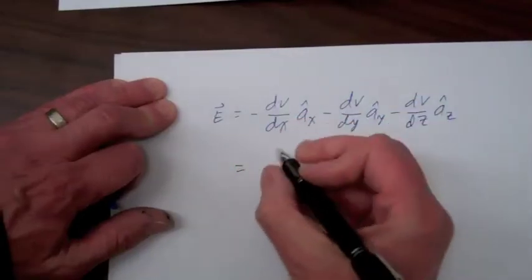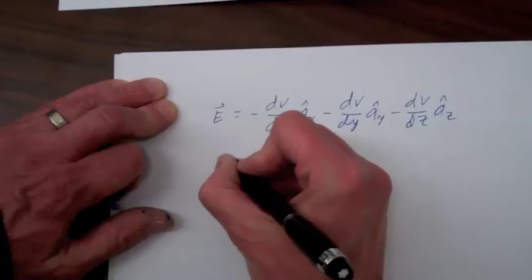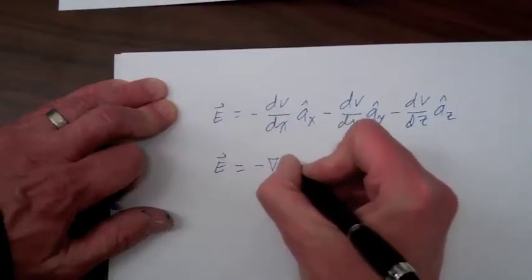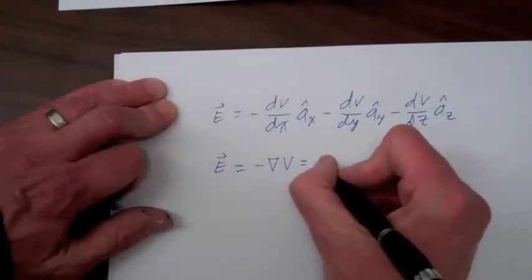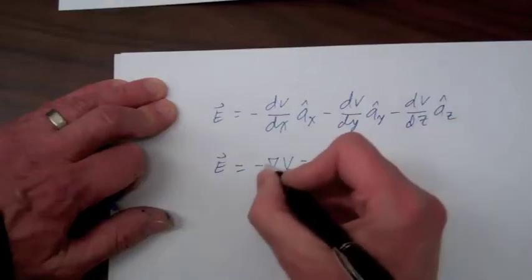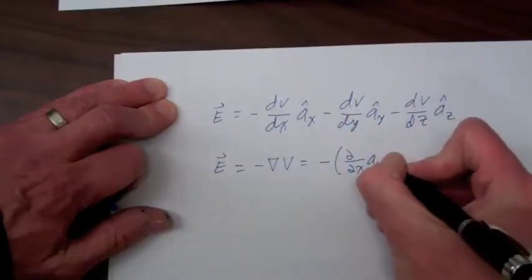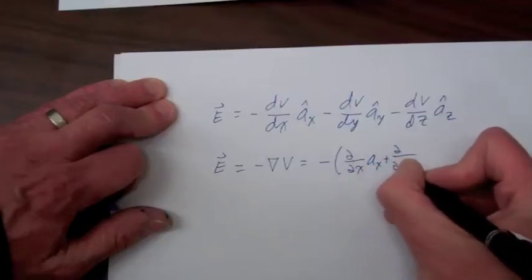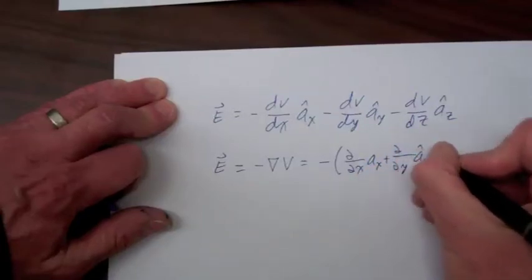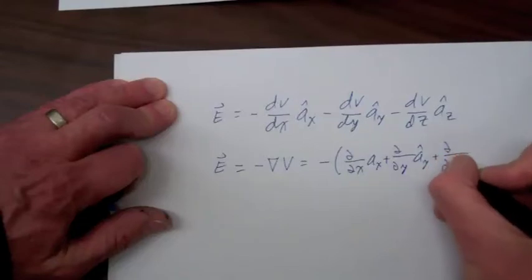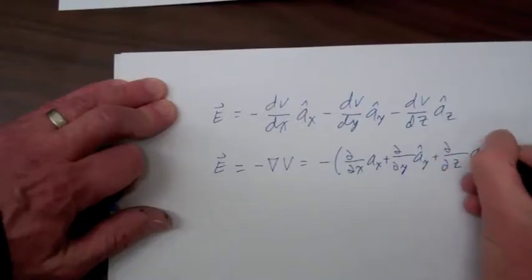The shorthand way we designate that is as minus the gradient of V, where remember this del operator is partial with respect to x in the x direction plus partial with respect to y in the y direction plus partial with respect to z in the z direction.